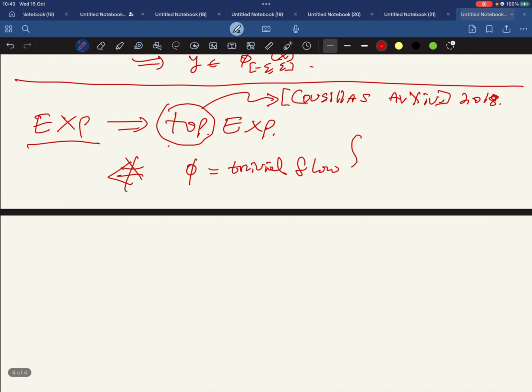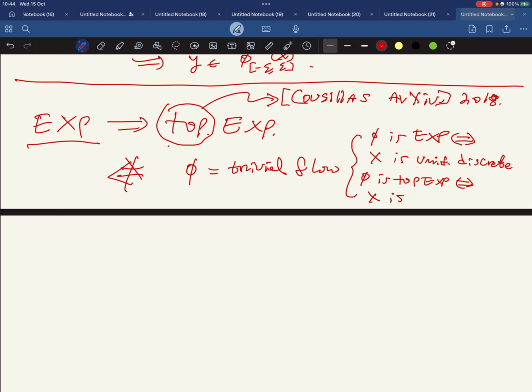In this case, phi is expansive if and only if the space X is uniformly discrete, while phi is topologically expansive if and only if the space X is discrete.